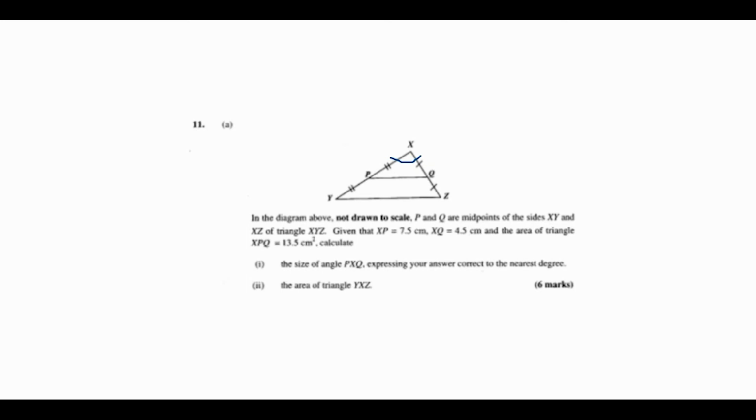So they tell us that P and Q are midpoints of the sides XY and XZ of triangle XYZ. Then they say XP is 7.5 centimeters. Where should I label 7.5 centimeters?